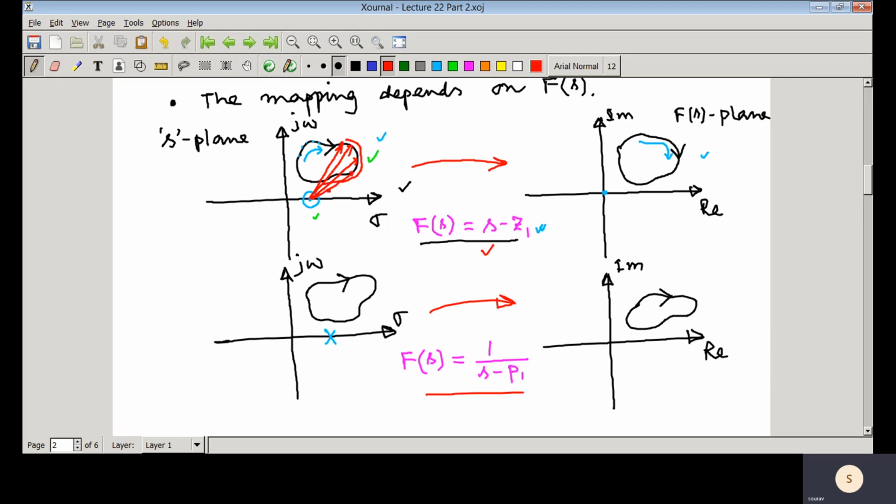And again, whenever you are traversing like this, your vector is coming like this. So what happens in this case, whenever you start traversing like that and finally come to this point, if you look at the total angle contribution, it becomes 0.